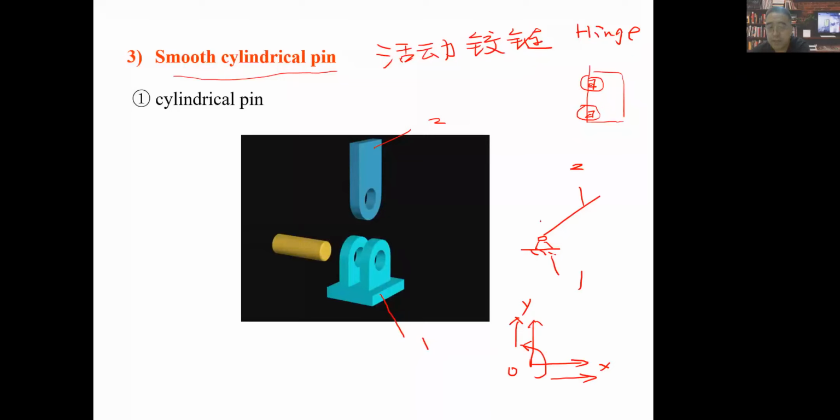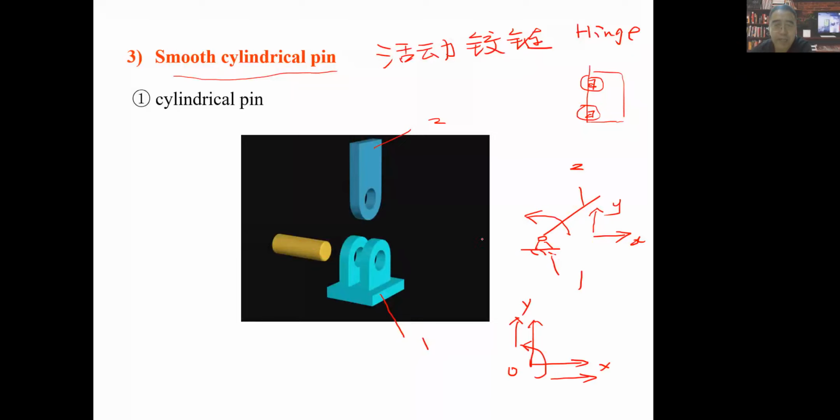So you can see, because our default direction of X axis is always along this direction, and our Y direction always along this direction, you can see this body second is just more like a donkey. It cannot move along X direction because it is pinned here by this pin, right? It also cannot move along Y-axis, but it can freely rotate around this point.